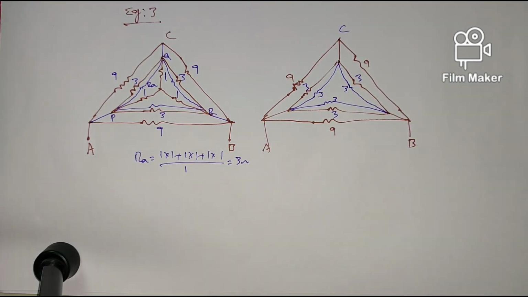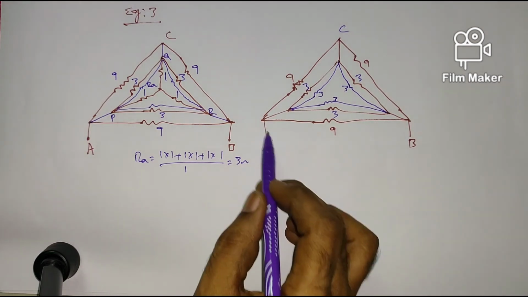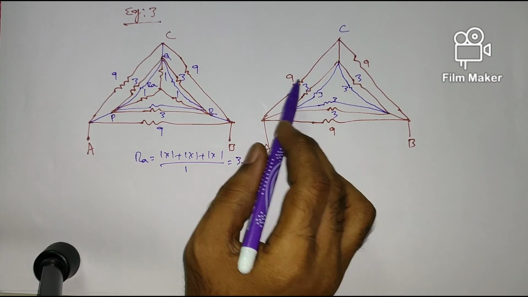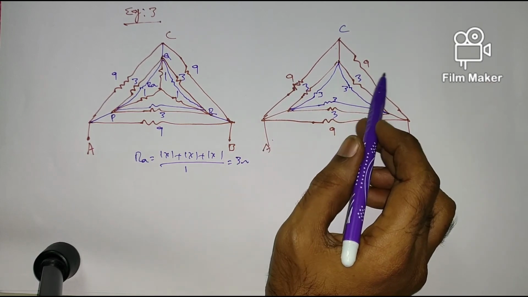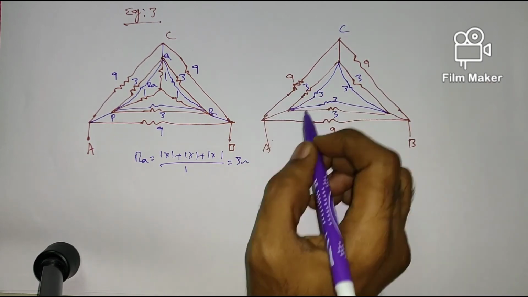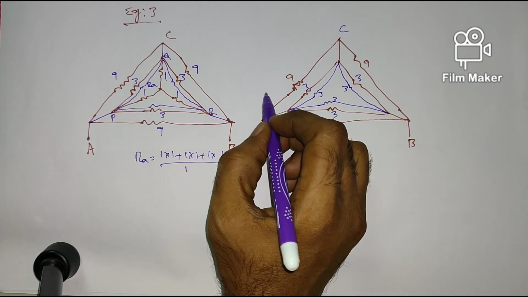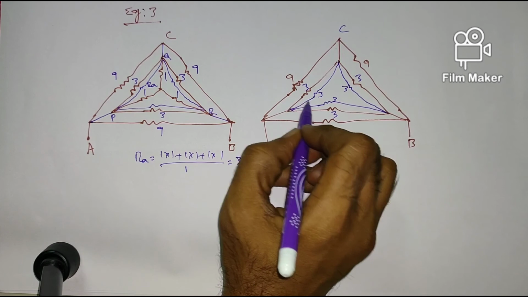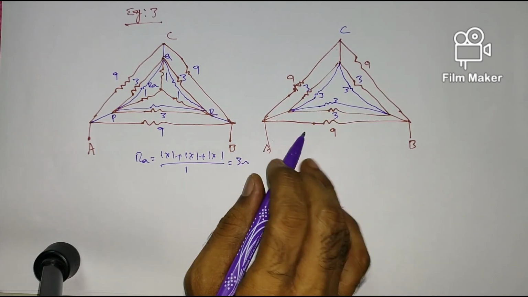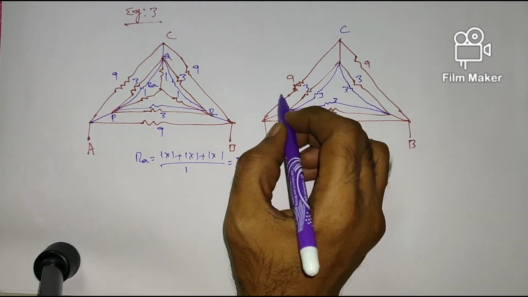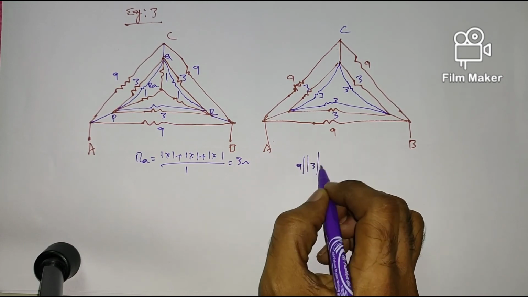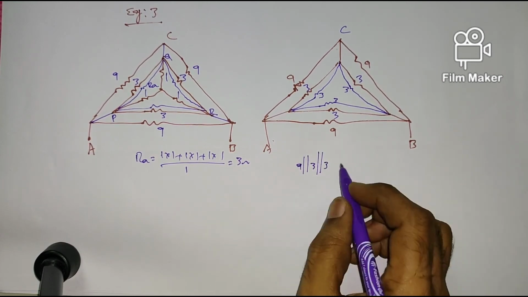Now if you observe carefully, from A to B, these three are in parallel. Similarly, these three are in parallel and these three are in parallel. So let us have the simplification of one of the branches so that that value is applied for the remaining two also. 9 parallel to 3 parallel to 3.